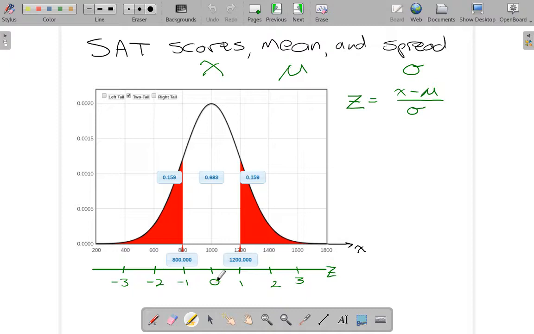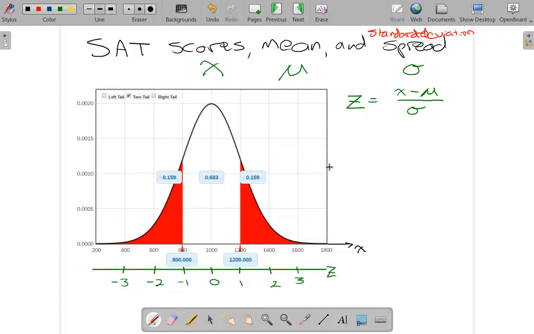And the average spread, which is also called standard deviation, let's write that up here. Standard deviation, okay, is a measure of average spread, just like the mean or the average is a measure of the middle, is about 200 for SAT scores.